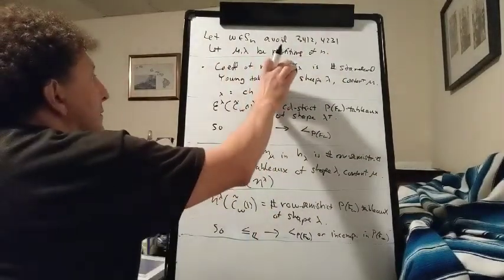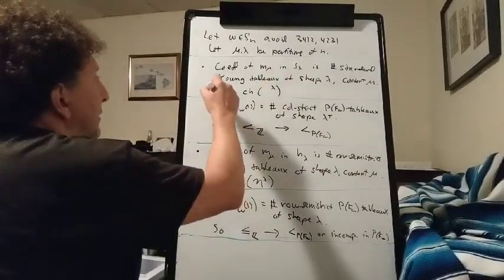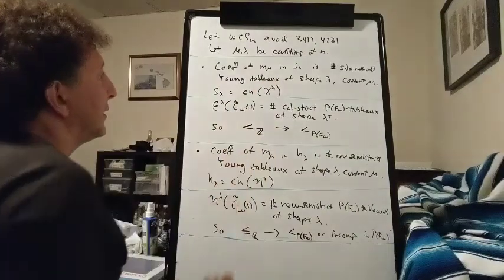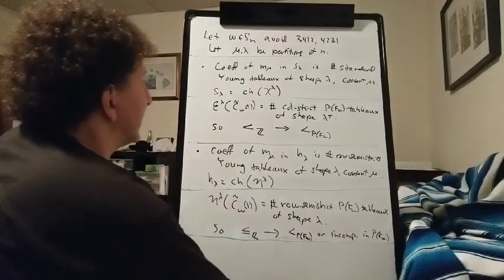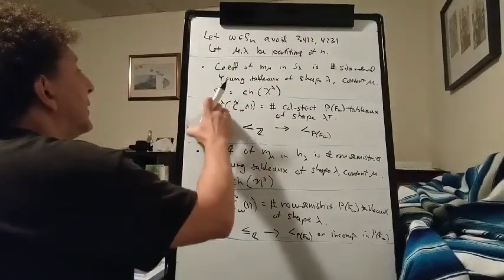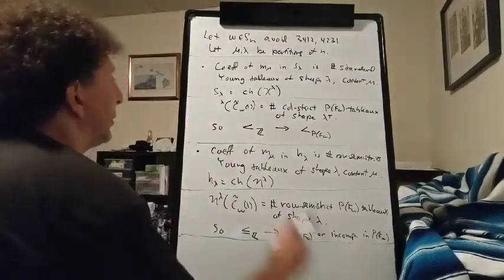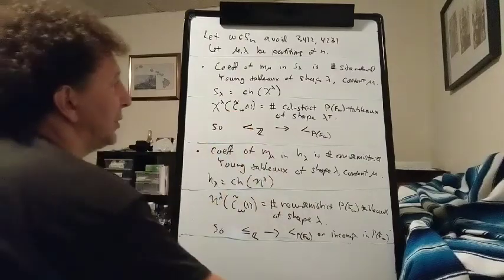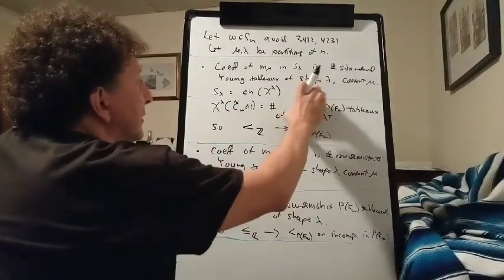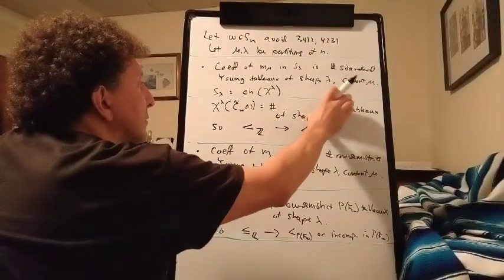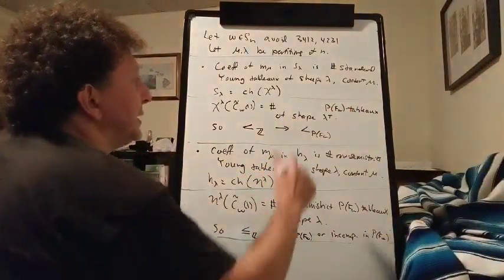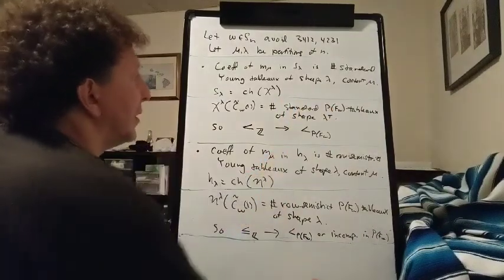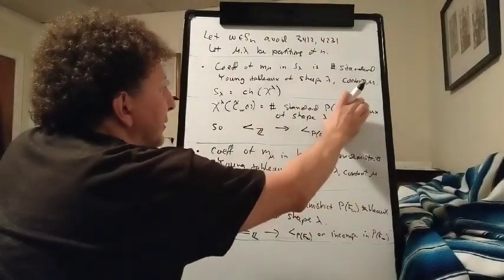Now the Schur function is the Frobenius characteristic of the irreducible character chi_lambda. And when we apply chi_lambda to the Kazhdan-Lusztig basis element C_w, we get the number of standard P-F_w tableaux of shape lambda.